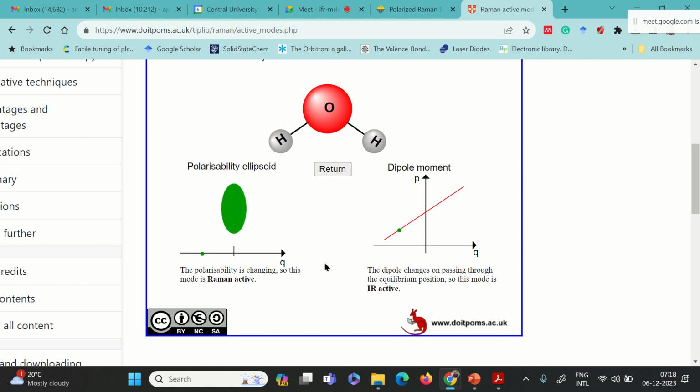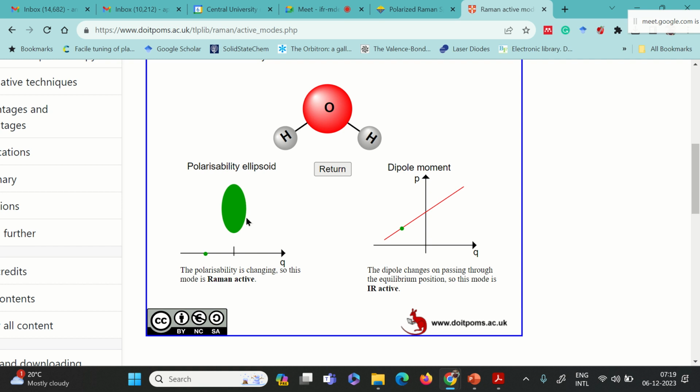This is your symmetric stretching, और ग्रीन वाला देखिए, वो आपका पोलराइजेबिलिटी एलिप्सॉइड है. This is your polarizability ellipsoid. And see during the symmetric stretching how the green ellipsoid is changing its shape.